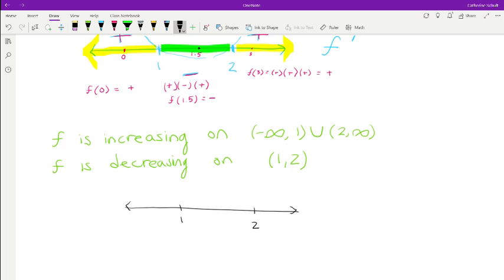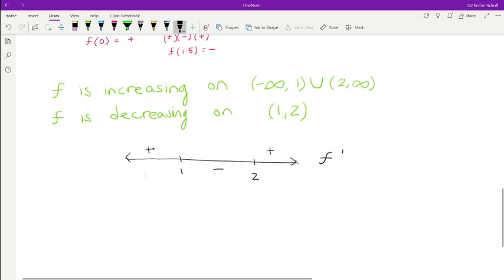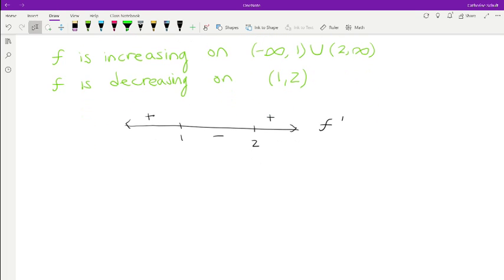I want to use that example again. All right, we discovered this is f prime: positive, negative, positive. I'm going to draw f in blue, okay? So function f is increasing, decreasing, increasing. So f is increasing till 1, then decreasing till 2, and then increasing again.